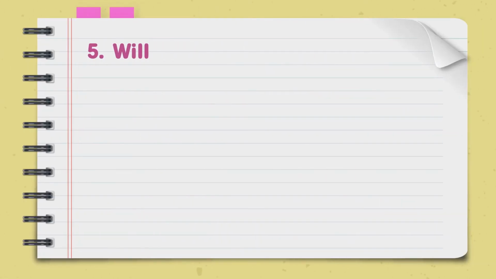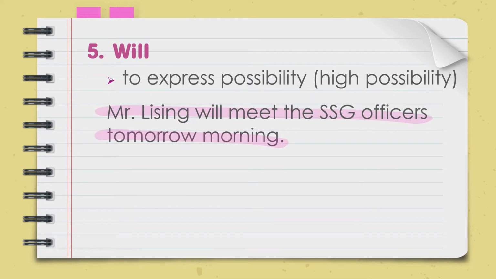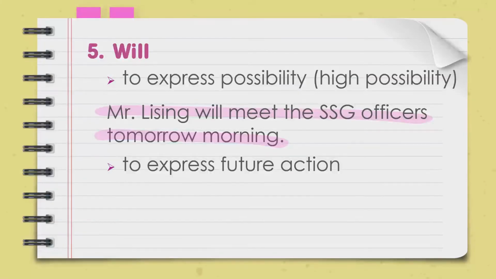The fifth is will. Will is used to express possibility, specifically high possibility. It means that there is 90% to 100% possibility for the event to happen. Example, Mr. Lissing will meet the SSG officers tomorrow morning. Then, will is also used to express future action. It is commonly used to express an event or action in the future.